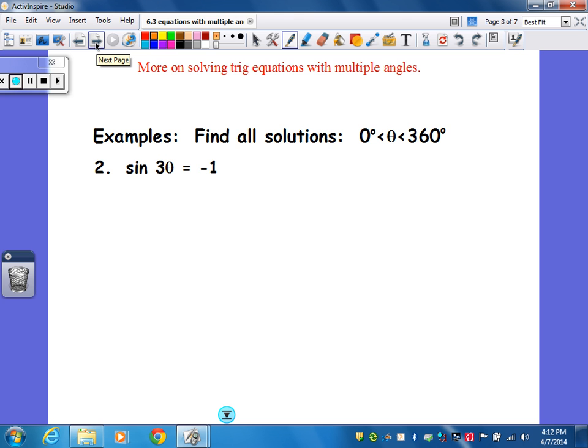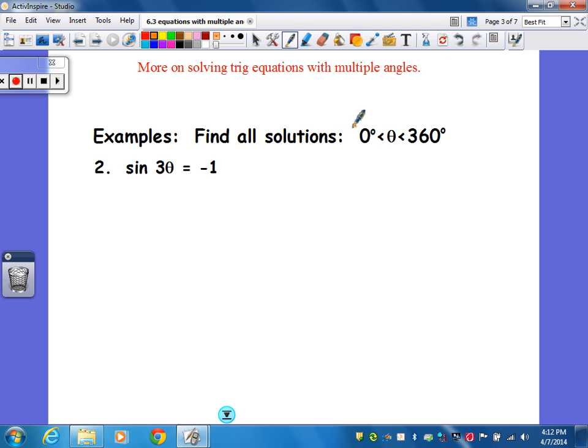Once again, looking at the next question, first thing I want to pop in my head: I have sine 3 theta equals negative 1. I'm looking over here and thinking, I have 0 to 360 degrees for theta. Let's get that so it's 3 theta in the middle.